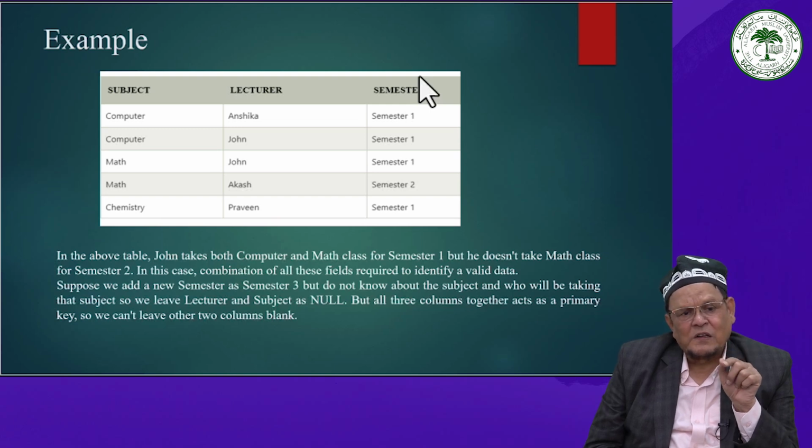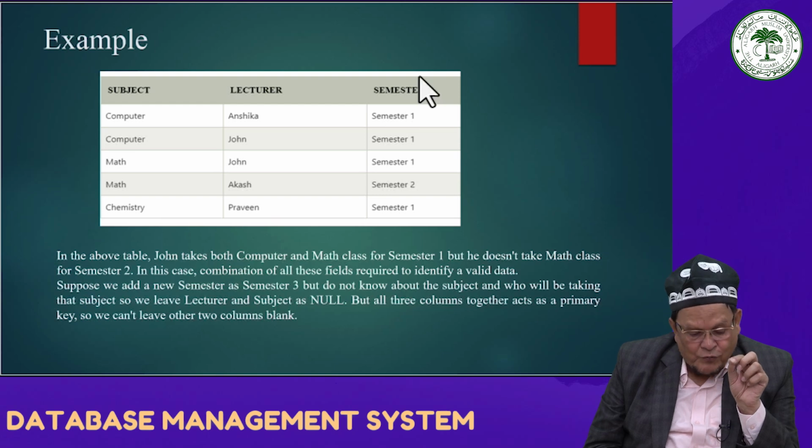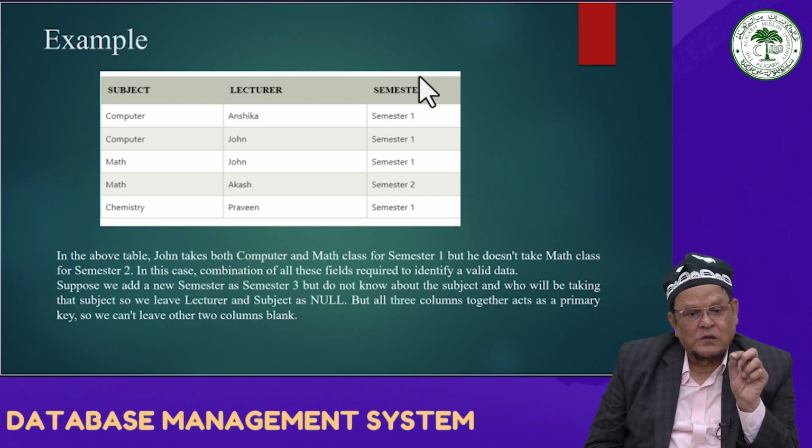But here the database is a relational database. The value of each attribute must be not null. If you want to add semester 3, you cannot add the value of semester until you give the value of lecturer and subject also.